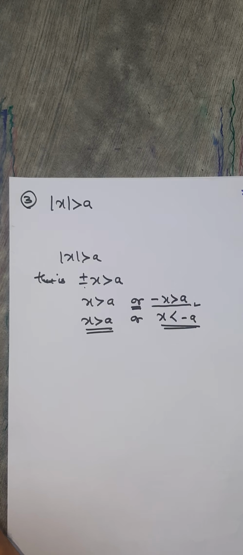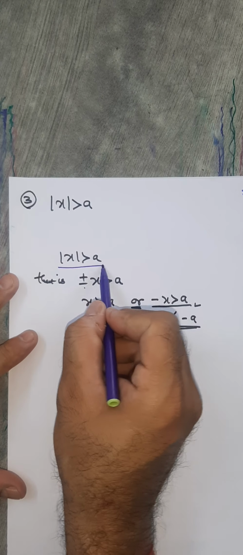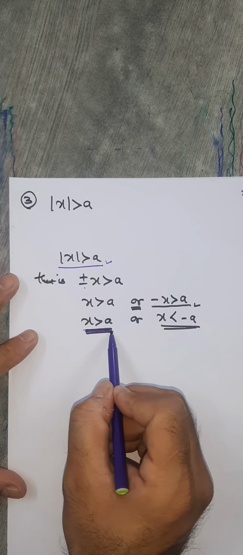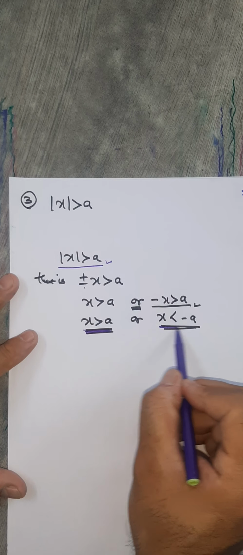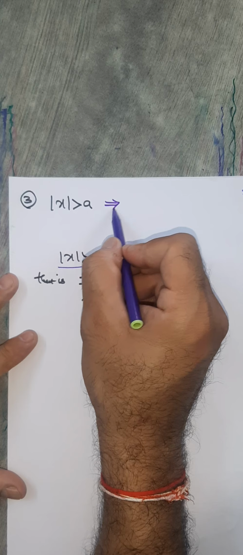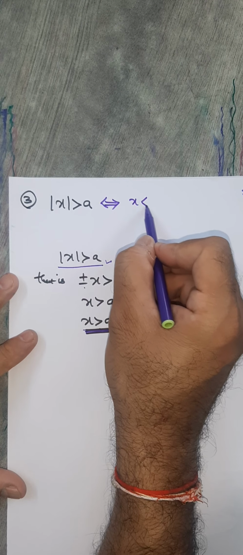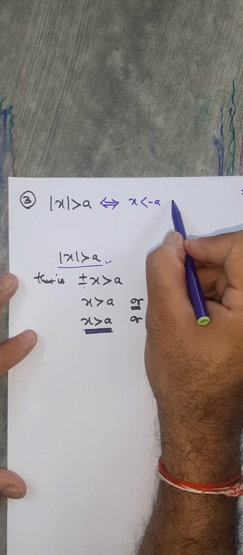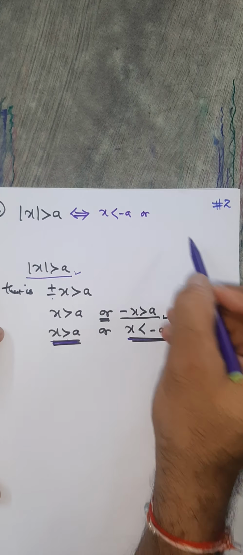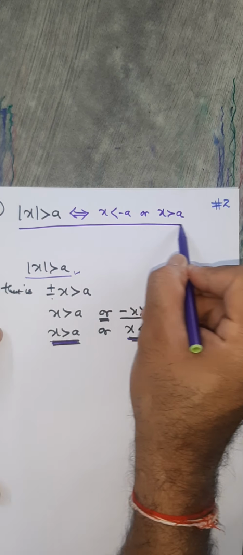What this says is, whenever modulus x is more than a, then either x is less than minus a or more than a. So if and only if either x is less than minus a or x is greater than a. We have these two things.